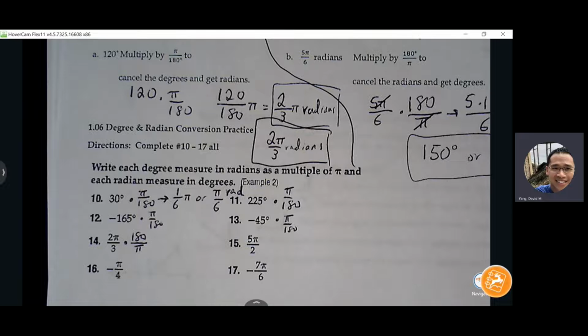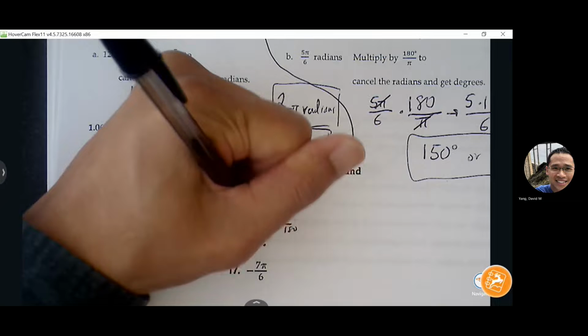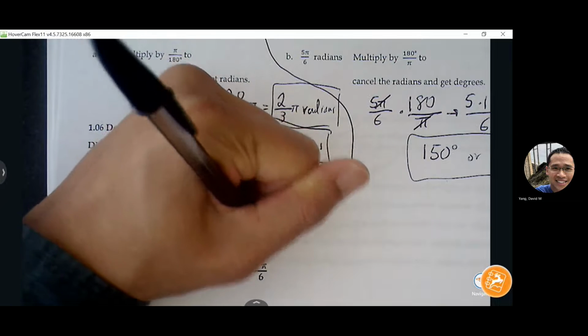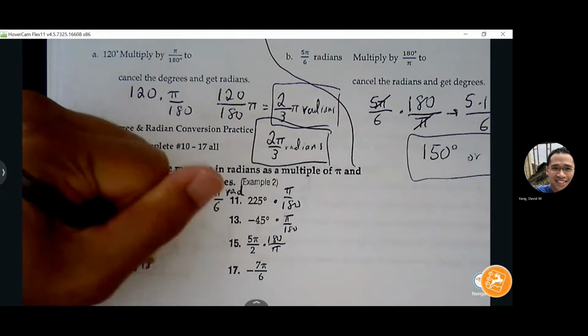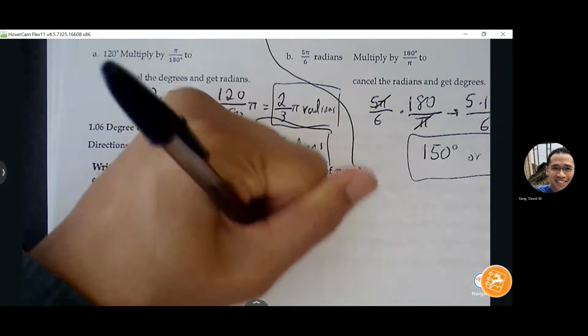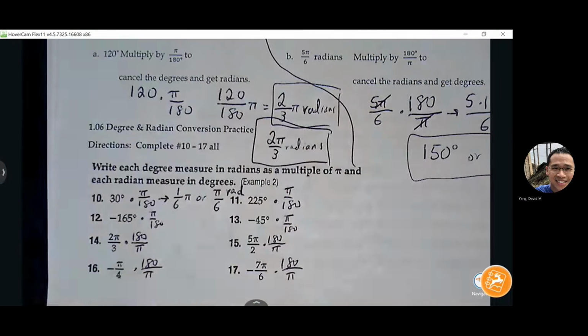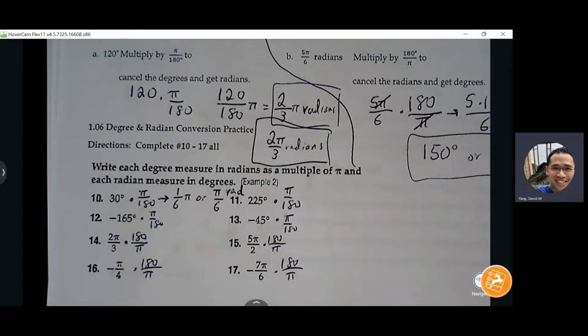That's the case for the rest of the problems, right? 14, 15, 16, 17, they're all multiplied by 180 over pi. Okay, so try that. See if you're able to clean that up, and we'll check our answers in a minute or so.